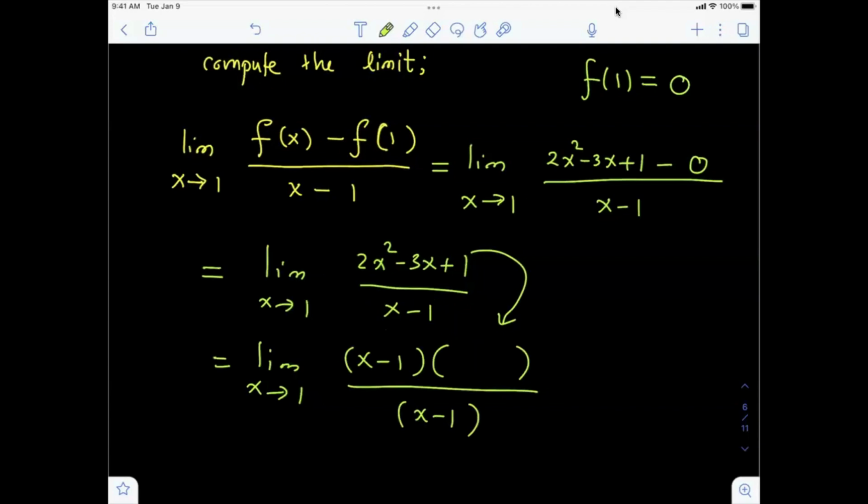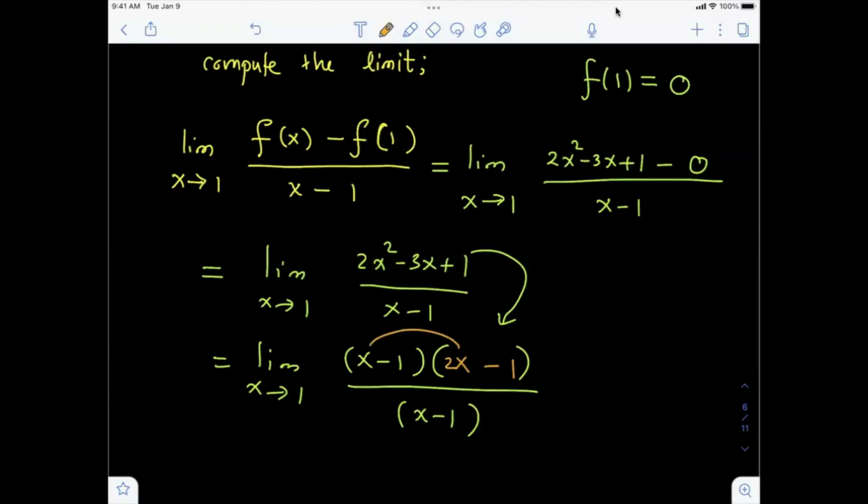All you need to do is to figure out the first and the last components, and the rest, the middle term, will balance out perfectly. So what you're going to do is, first of all, you need to have 2x squared, but you already have x here, so you're going to put 2x right there. And then you need to have plus 1 at the end, but you have minus 1 here, therefore you're going to put minus 1.